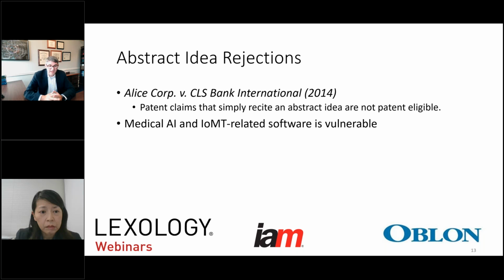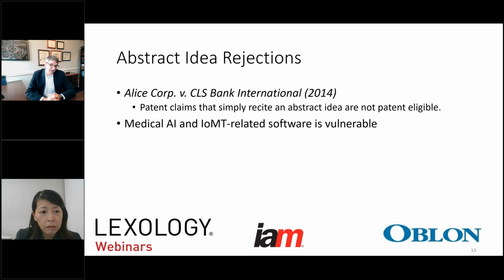We know that medical AI and IoMT software is vulnerable. We've seen that, but we've also seen that it has become easier in the past, in particular, to get these types of inventions because of changes at the Patent Office. We know that the Patent Office is really interested in making sure that they can help AI go forward.